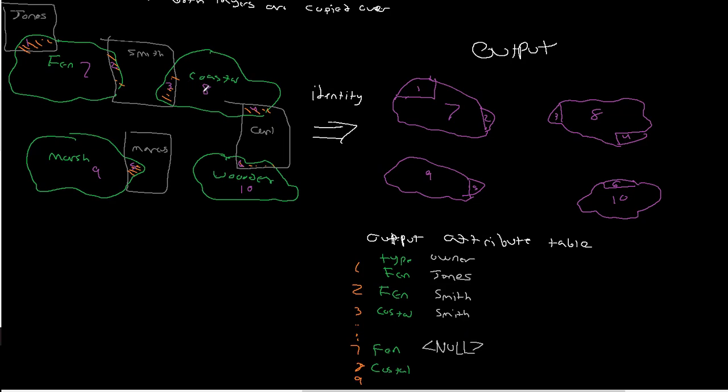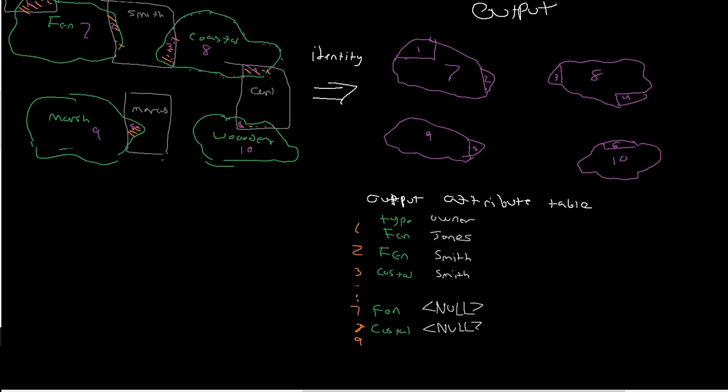There's no overlap for polygon 8, because polygon 8, just to be abundantly clear, is everything that was left over after the overlap. So there is no owner for polygon 8, so it's again going to get that special thing of null, meaning that there is no data here, okay?